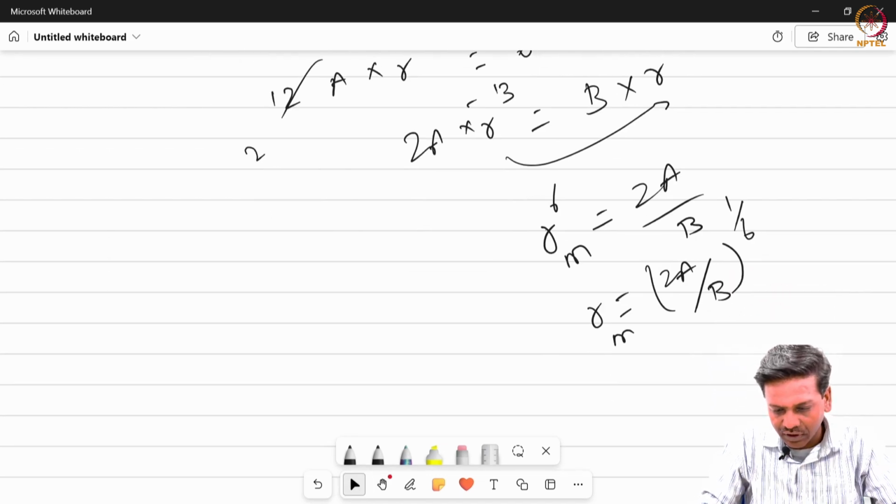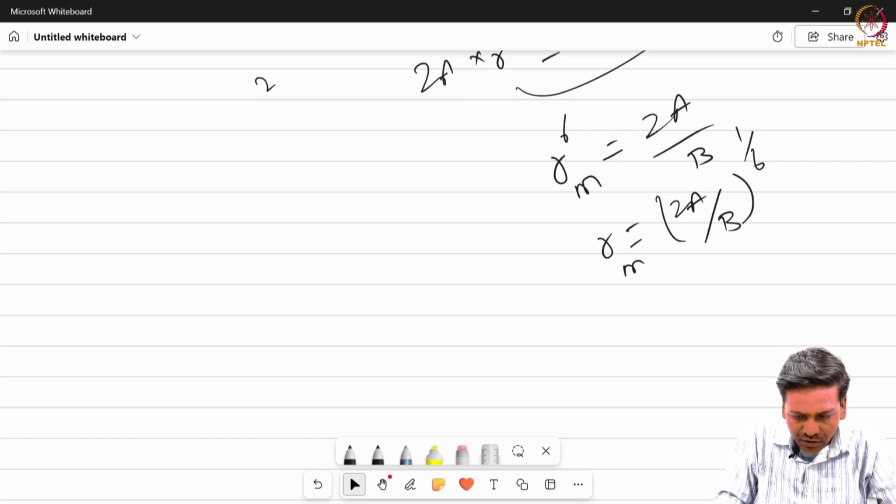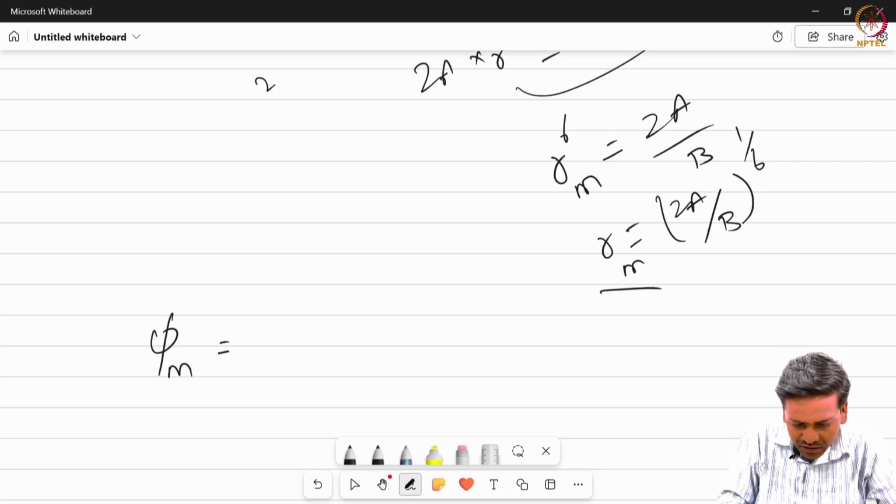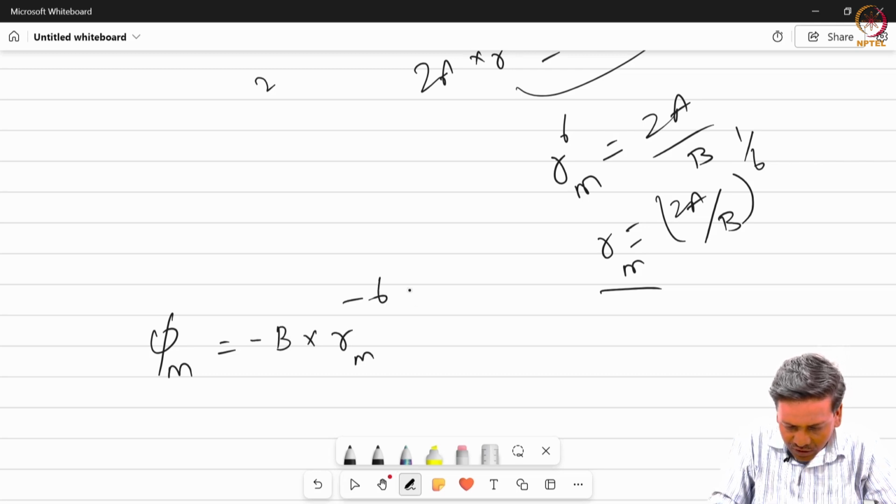So this is what we know, and since we know Rm, we can also evaluate what is π m in this case. We just have to substitute this over there. So π m is minus b into Rm power minus 6 plus a into Rm power minus 12.